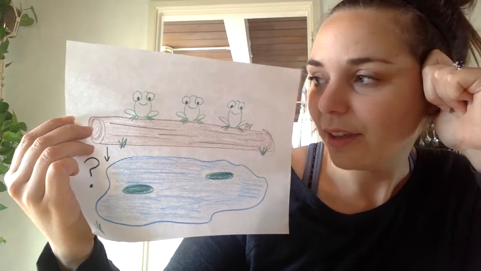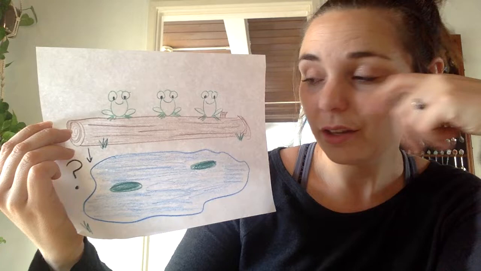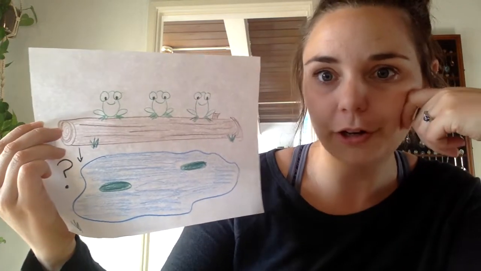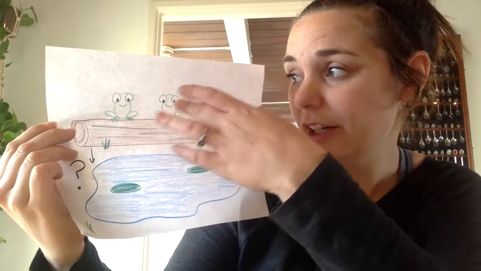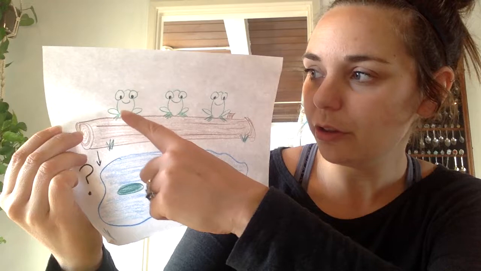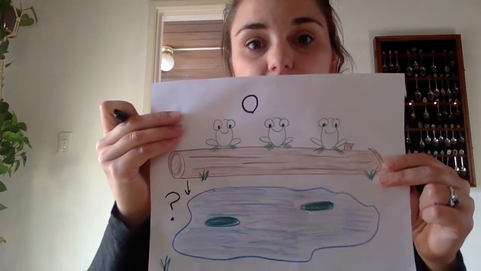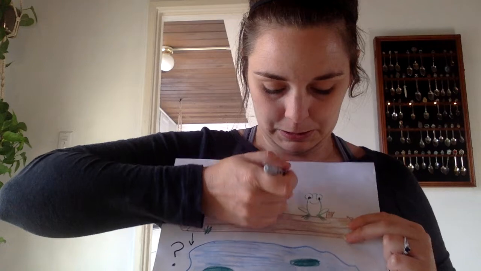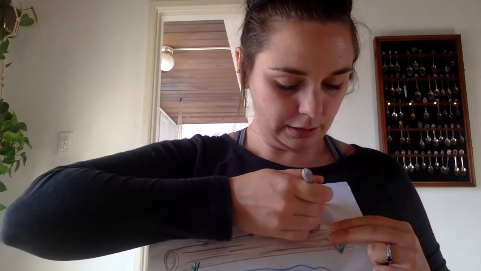Okay. So, there used to be 6, and now there's only 3. So some are swimming around under the water here. Let's imagine the 6 are back, all over here. We could add on here to make it 6 again. So remember, there's 1, 2, 3. I'm just going to draw a circle for the ones that jumped in. 4, 5, and 6.